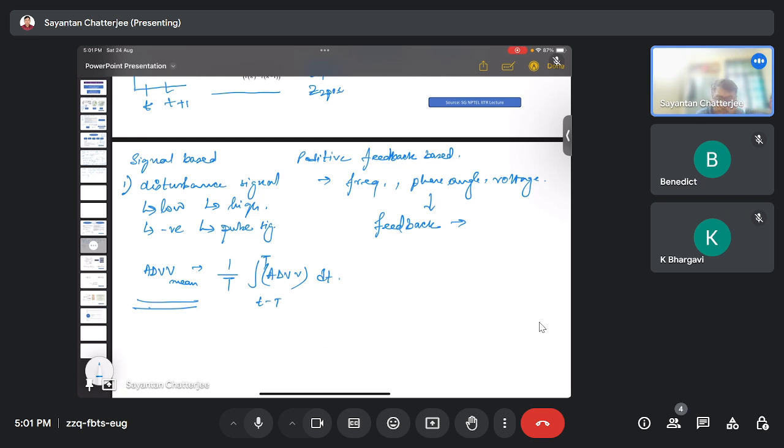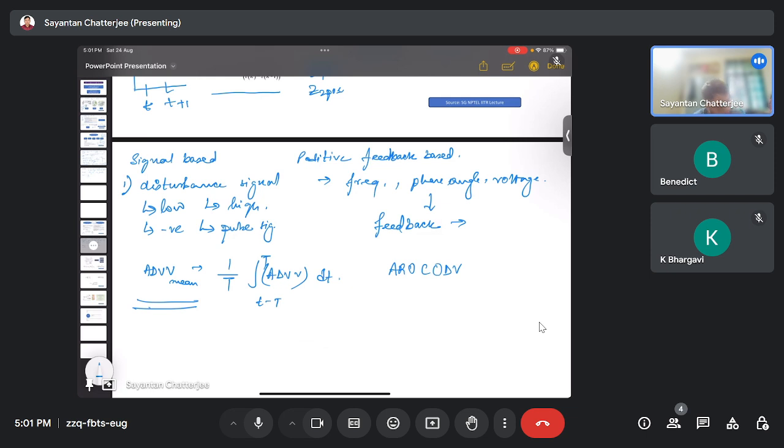We have to calculate the mean value, and we can also have the mean absolute rate of change of d-axis voltage, which is signified as ARO CODV, the rate of change of d-axis voltage.